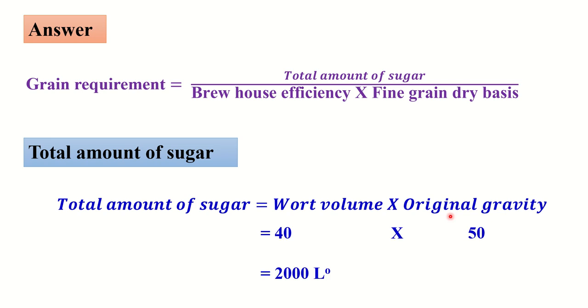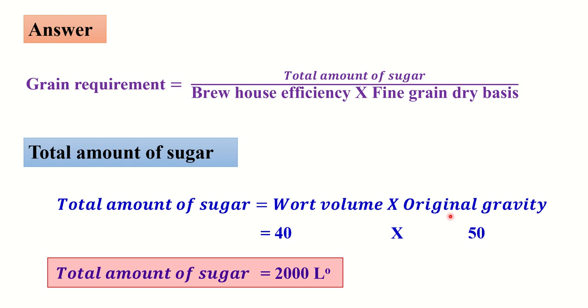Upon multiplication we get 2000 liter degree, which is the total sugar. Now the Irish Red Ale beer is made of three different malts: pale malt, chocolate malt and Munich malt. So it is essential for us to find the sugar contribution from the three different malts. That we will do in our next slide.